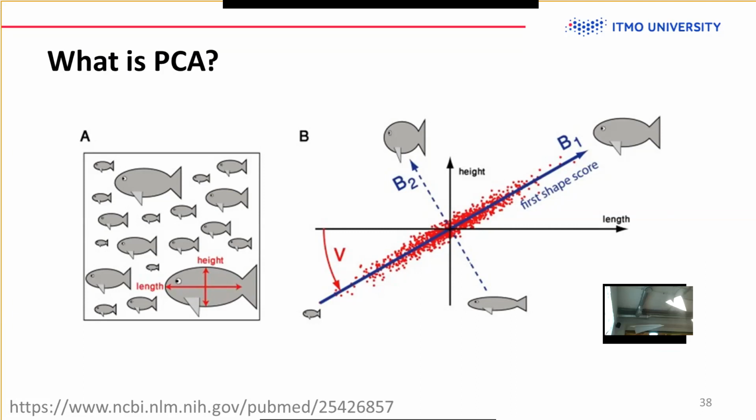Now the question you can ask is, well, you see that height and length kind of correlate with each other. So basically that means that if you know the length of the fish, you can kind of guess its height and so on. And the question is, do you actually need these two numbers to describe the size of the fish?